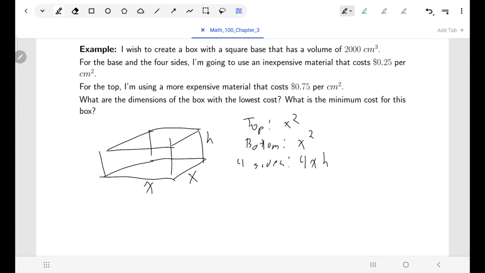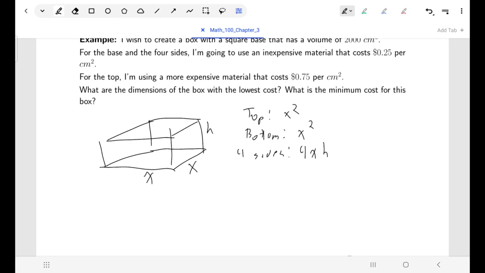So if we're thinking in terms of creating a cost function now, because I want to minimize a cost for this box, I'll have the cost for the top, the cost for the bottom, and the cost for the four sides. It says for the base, so for the bottom and for the four sides, I'm going to use the 25 cent per centimeter squared material.